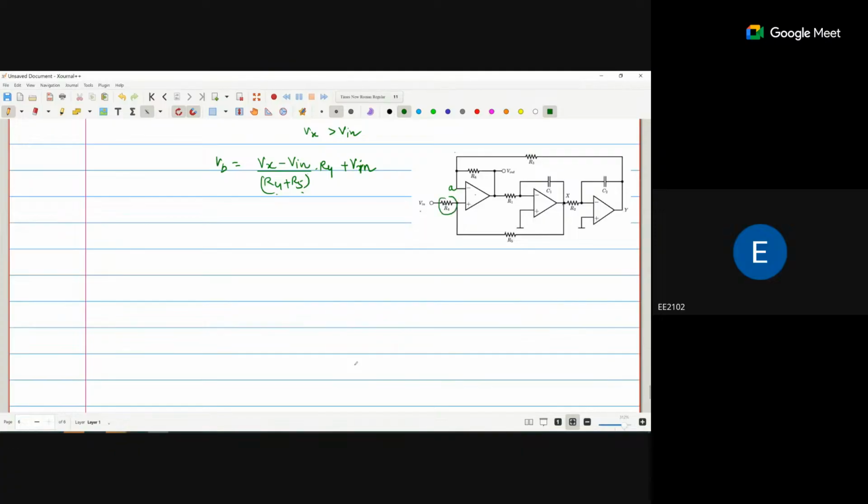The drop across this one is multiplied by R4. The current is flowing from Vx to Vin, so this is the positive, this is the negative. So this Vin voltage is also added with this voltage. So this is the voltage drop across R4 and total Vin is VB, because both voltages will be connected between VB and ground. So overall voltage addition will be at this point VB.